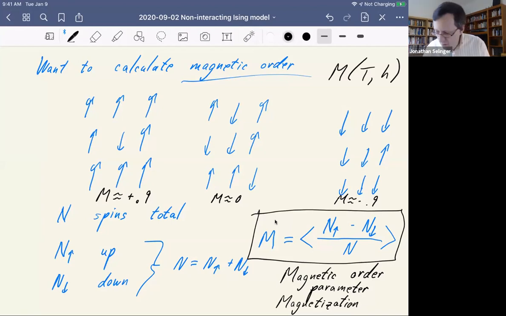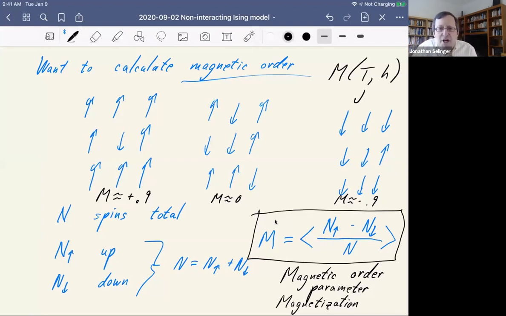Okay, so the magnetic order parameter, I should say, depends on temperature and magnetic field. It also, of course, depends on J, the interaction strength between nearest neighbors inside a material. Right?